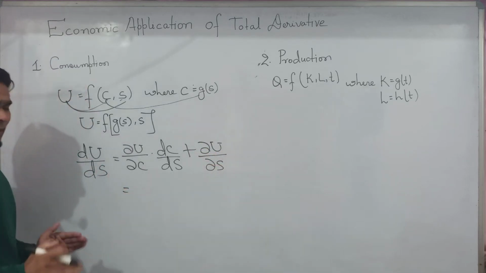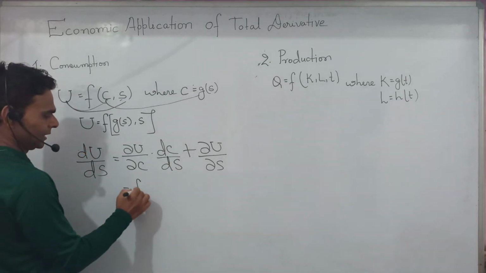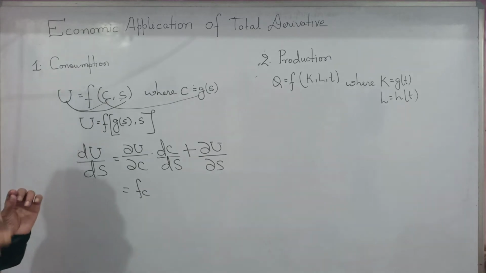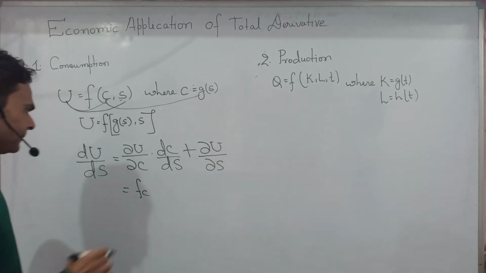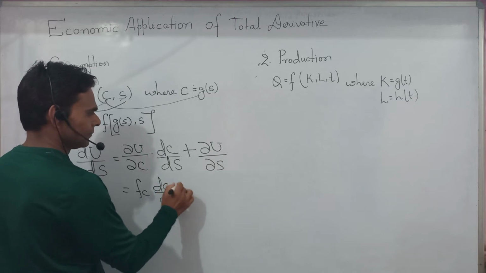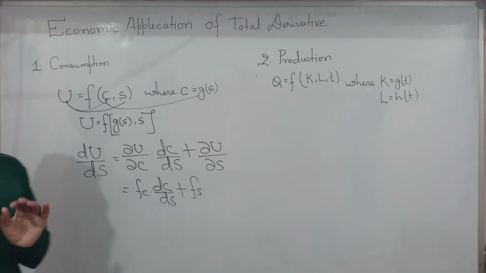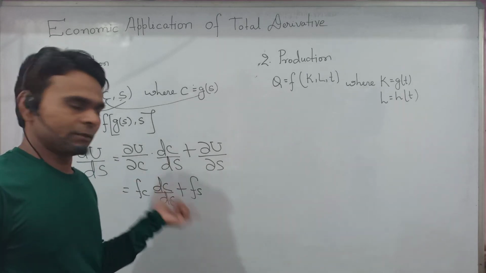We can write it in alternative notation: f_c, denoting the partial derivative of u with respect to c, times dc by ds, plus f_s, denoting the partial derivative of u with respect to s.